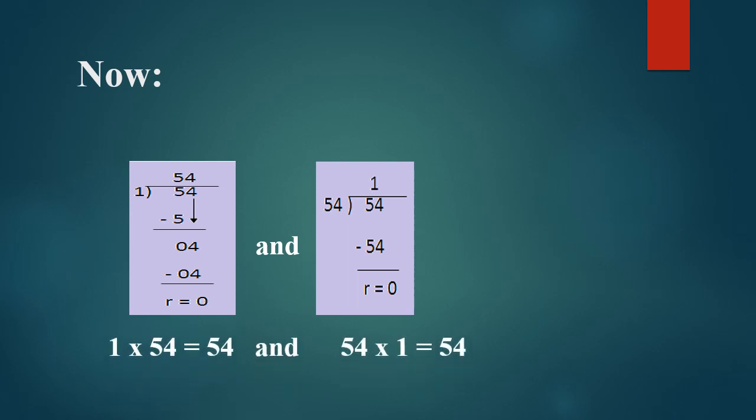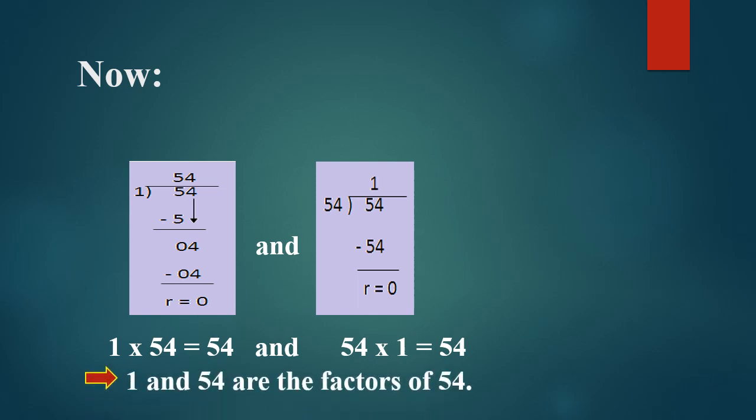Or we may check that 1 fifty-fours are 54. Also 54 ones are 54, giving us the information that 1 and 54 are the factors of 54.